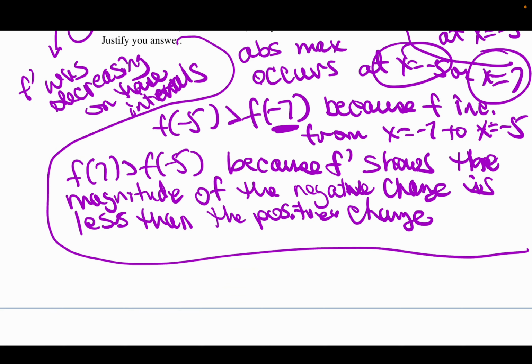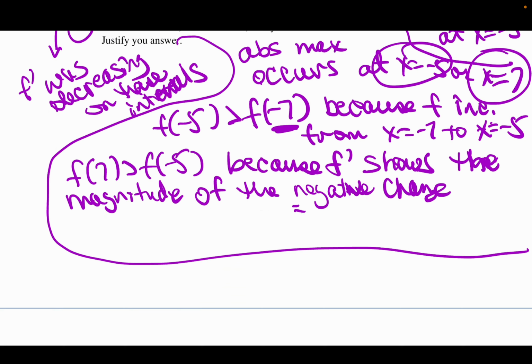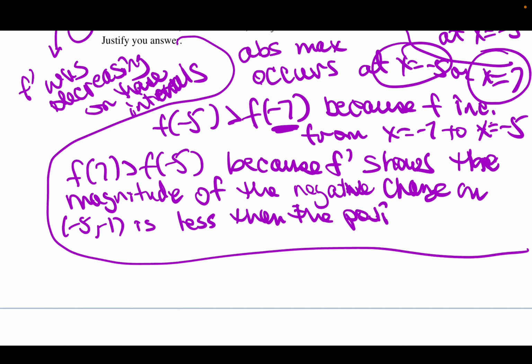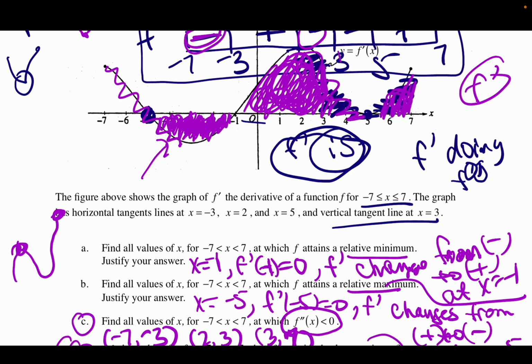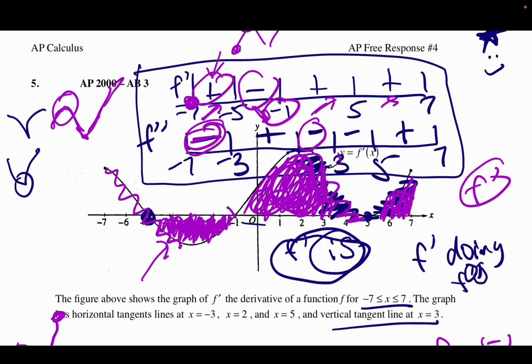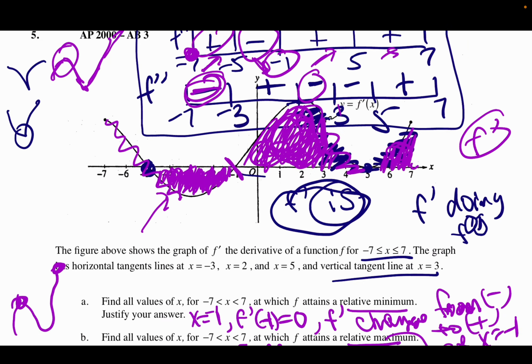The magnitude of the negative change on -5 to -1 is less than the positive change on -1 to 7.